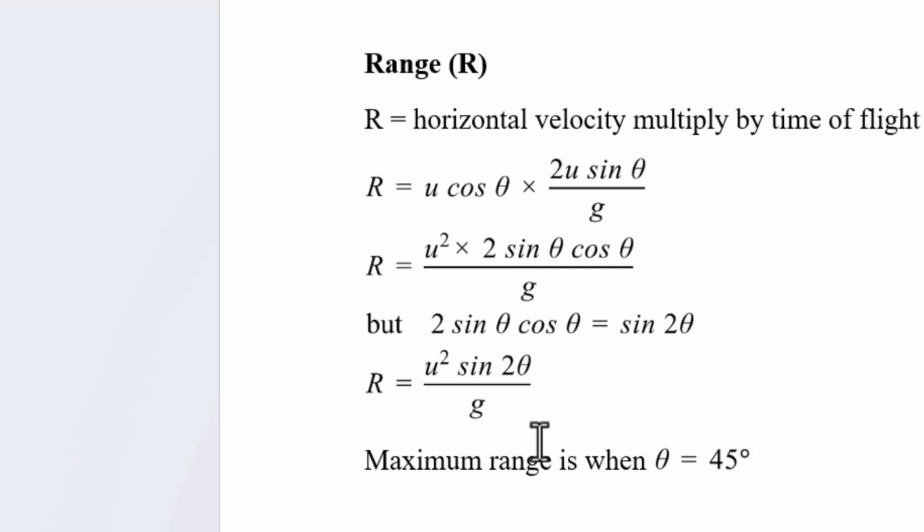If you put theta to be 45, 2 times 45 gives us 90, which becomes sine 90, and sine 90 is 1.